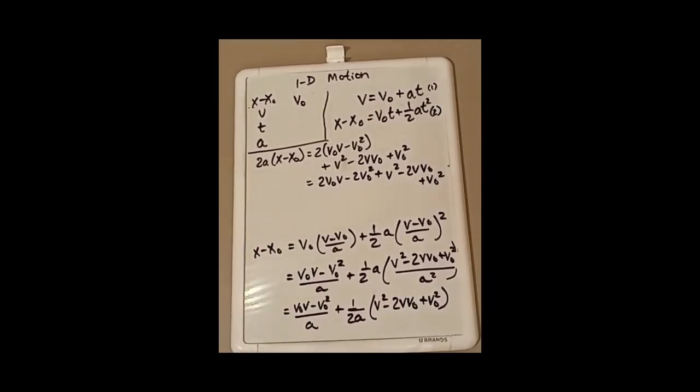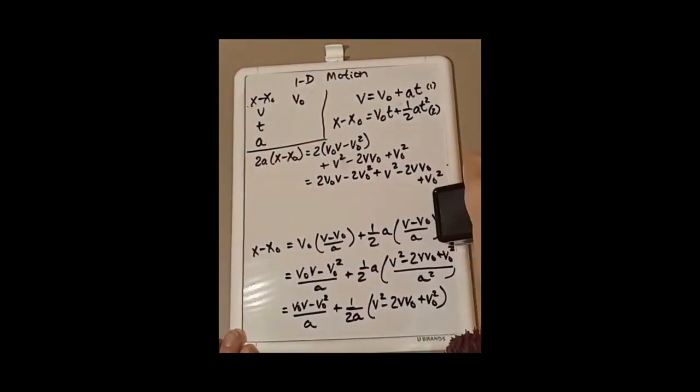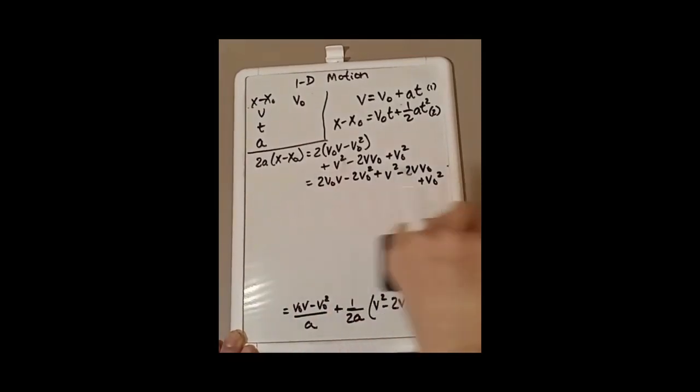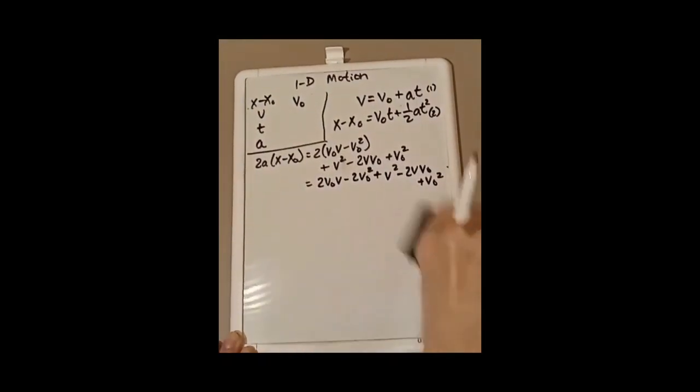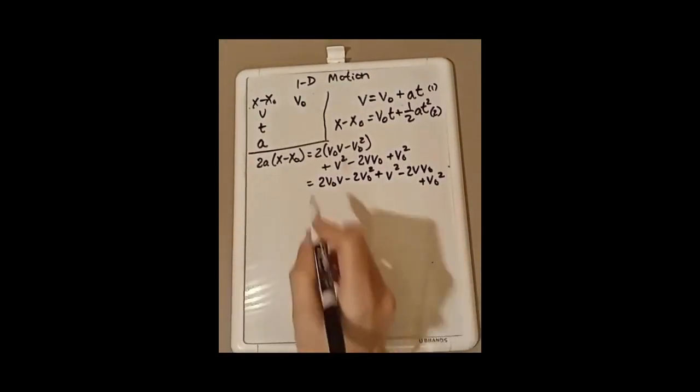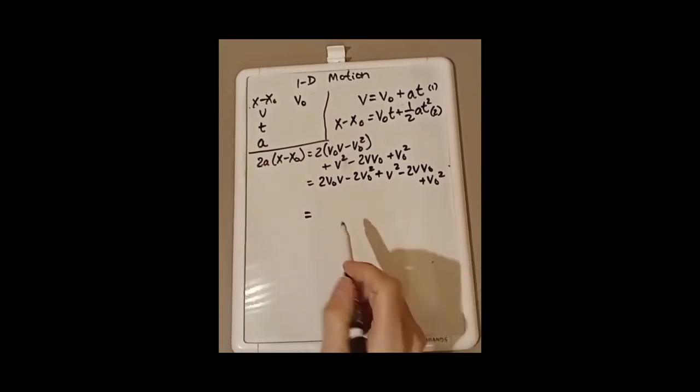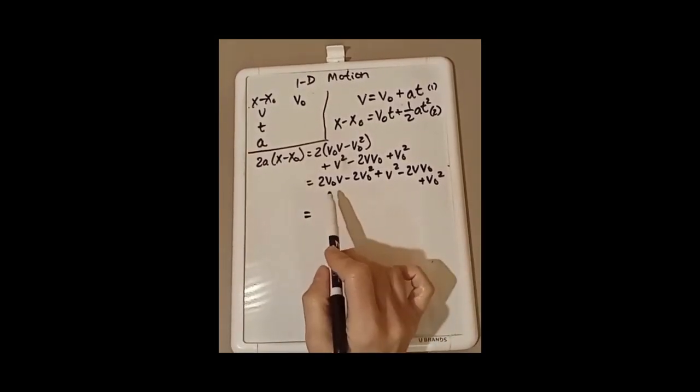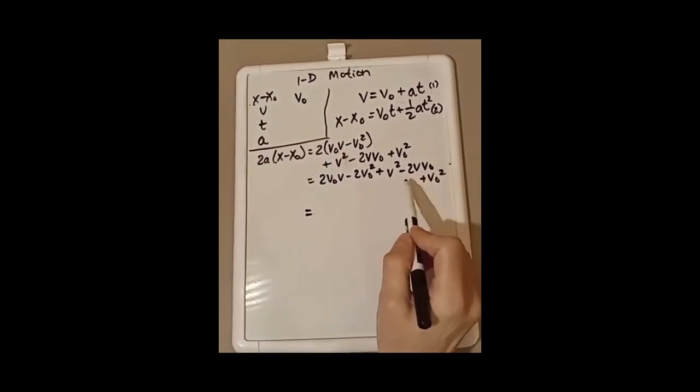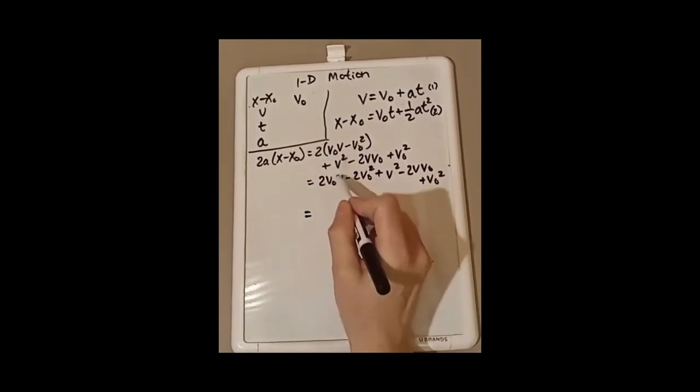Alright. So I'm going to make some room and clear off the second half here. So we have 2 v naught v and a minus 2 v v naught. Those two cancel out.